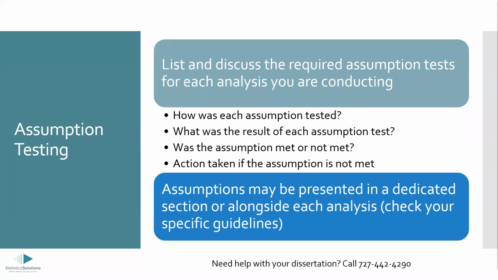You want to list all of the assumptions required. For instance, if you're doing a t-test or an ANOVA, you may need to do assumptions testing for normality and homogeneity of variance. You'll want to state how each assumption is tested. If you need to test normality, how are you going to test normality?